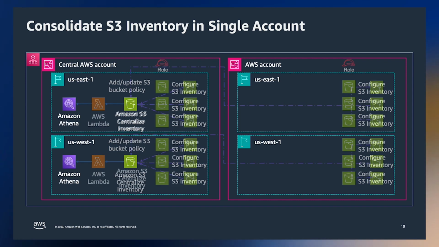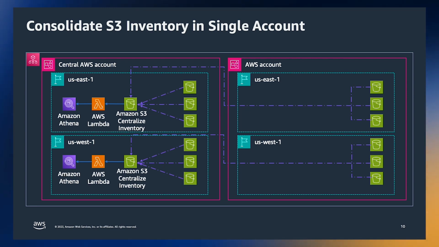At a defined frequency, the consolidated reports from all source buckets in a region across accounts are written to the destination bucket in the same region in the AWS central account.